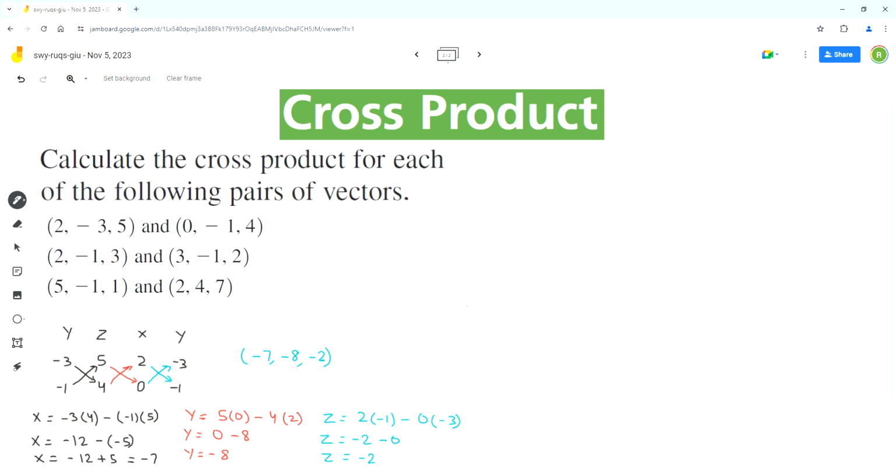Now we can analyze the second pair. So we'll start the same way. So we'll write the y, z, x and y components in that order and stack the two vector components. Now we can start by finding the x component.